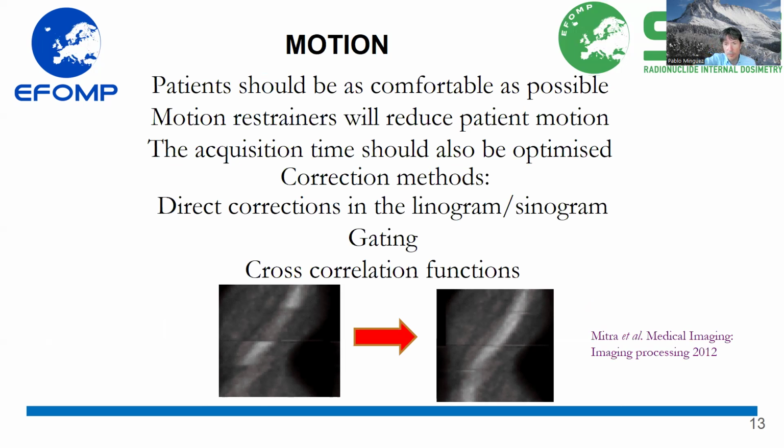For instance, we can see in the sinogram if there has been some kind of movement, and we can correct for it. For breathing, we would use gating if needed, although I think there are also new techniques that allow us to correct for breathing without using gating.